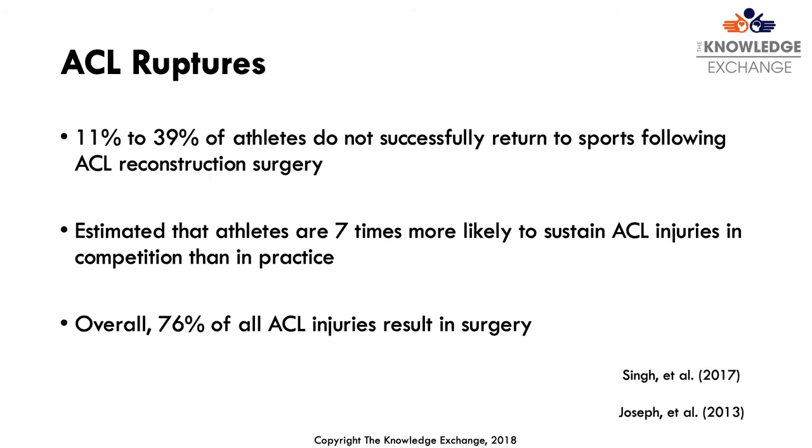Recent research has shown that 11 to 39% of athletes do not successfully return to sport following ACL reconstructive surgery. What's also interesting is that it's now estimated that athletes are 7 times more likely to sustain an ACL injury in competition rather than in practice. Currently, over 76% of all ACL injuries result in surgery. But is ACL reconstructive surgery essential, or is it even necessary?